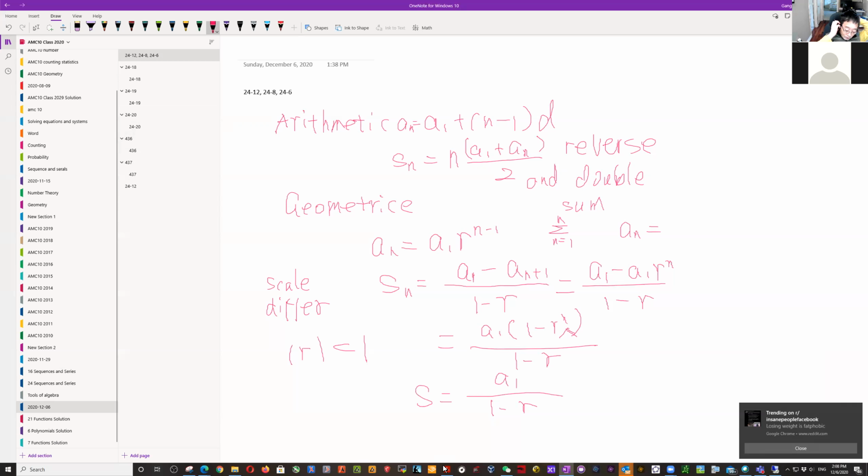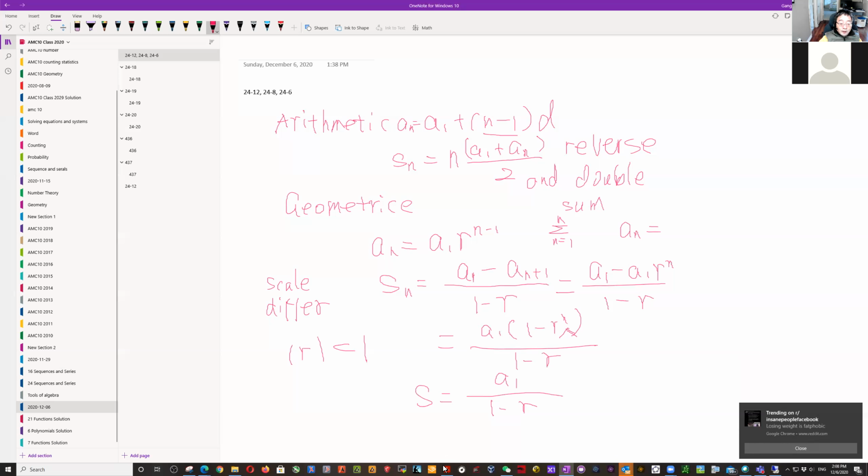And I think, to master sequences and series, I encourage you to really write out the formulas like this. I don't remember the formulas; I just understand the mechanism of how they work, so I can write them out freehand without trying to memorize them.